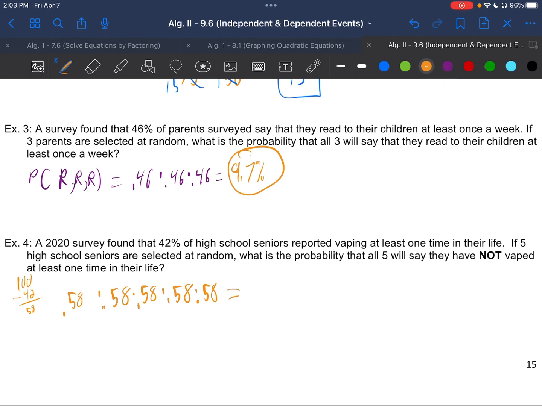And you end up getting what really is 0.58 to the 5th power, because it's 5 of them multiplying together. And that would be approximately 6.6%. All 5 seniors randomly selected would have never vaped in their life.